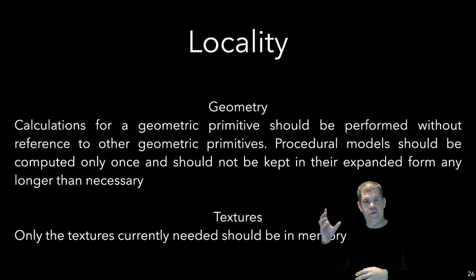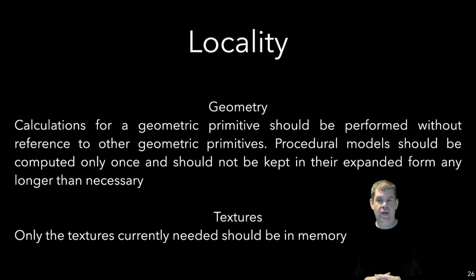That was certainly true when we were dealing with kilobytes of memory, but it's still true today, even though we're dealing with gigabytes and sometimes terabytes of memory. Workstations tend to have memory in the terabytes, but believe me, complexity grows along with that. You'll never have enough memory to store entire scenes. There's always going to be some artist who figures out, okay, I want more detail here. So that's what locality means.